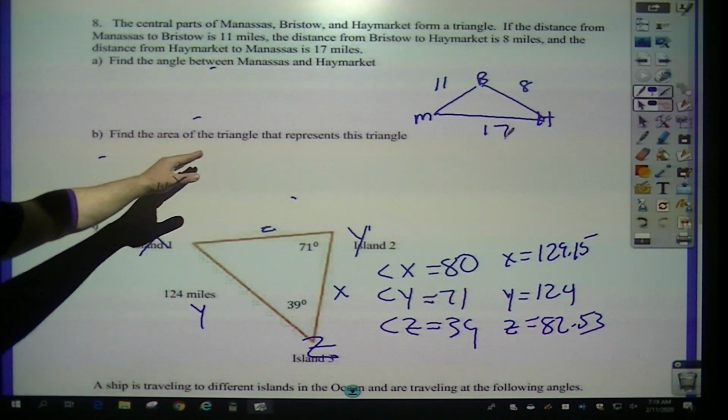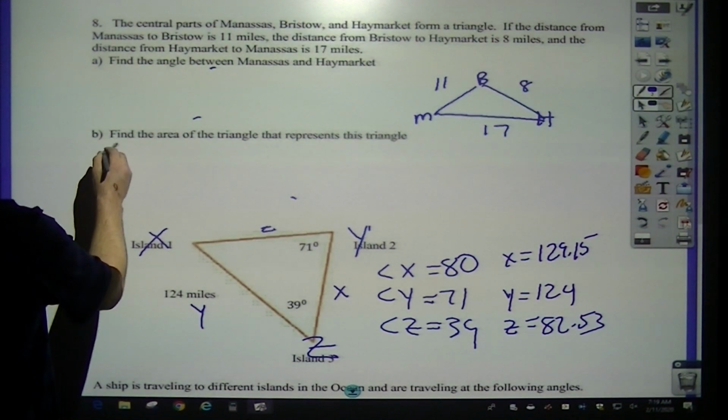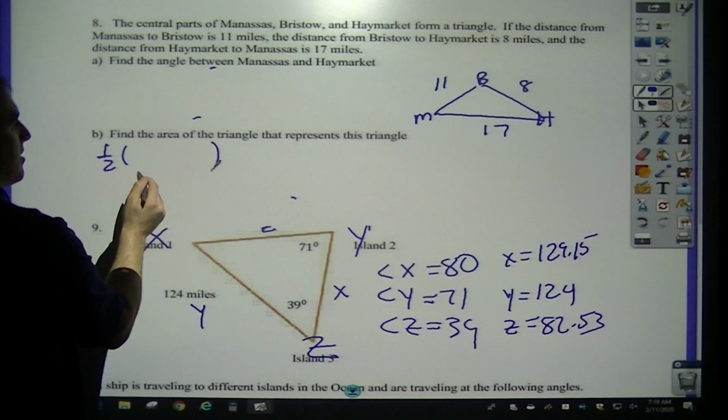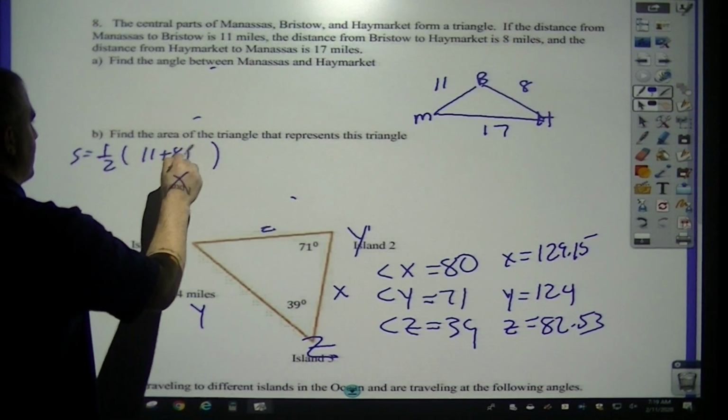Now the area formula, since they gave you all three sides, I can use that one-half a plus b formula. So for my S, I would do 11 plus 8 plus 17.